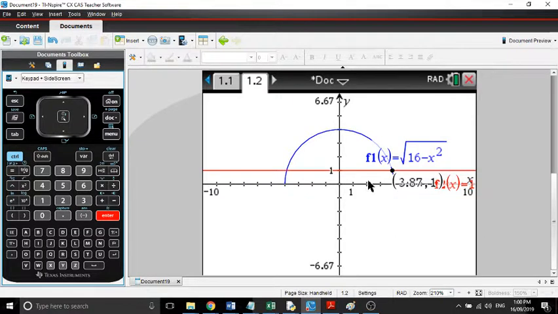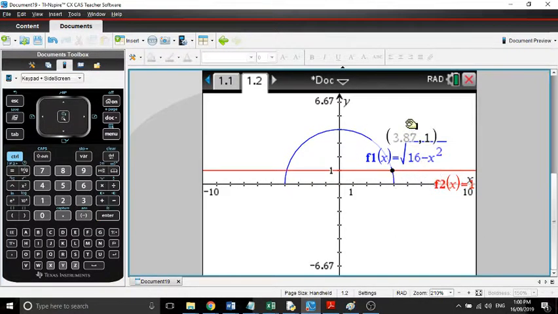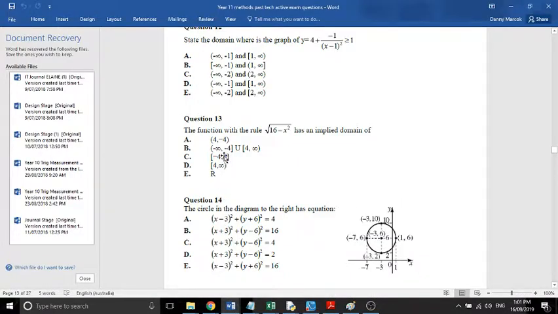And there we have that. So it's going there. So we are at 4 and we go at the 4. So we've got a domain of negative 4 to 4.